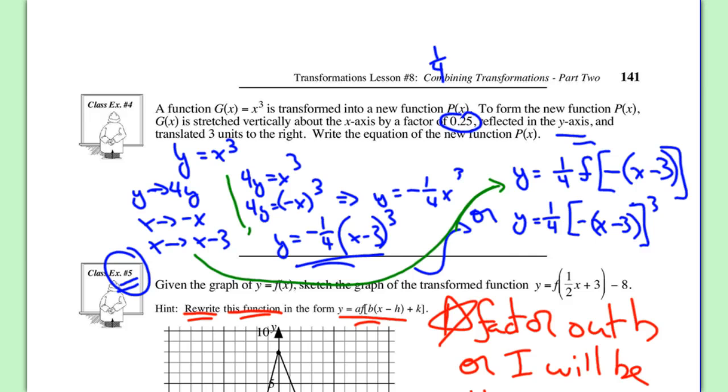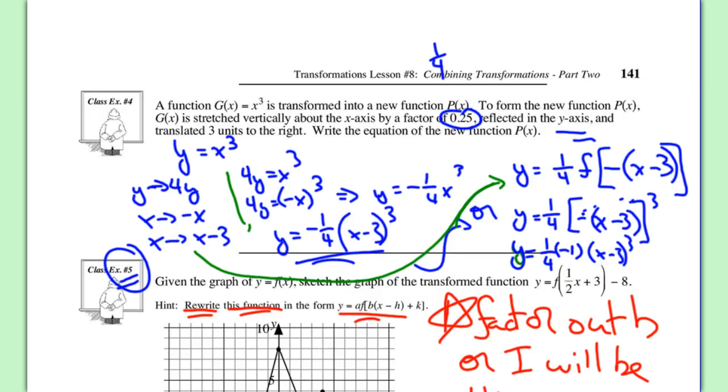But when you look at the algebra, if you did the cube, you'll end up with y equals 1/4, and minus 1 cubed is simply minus 1, and then you have that x minus 3 cubed. So there are different ways that the transformation is going to occur, and it still is the same result, but they might look different, okay?